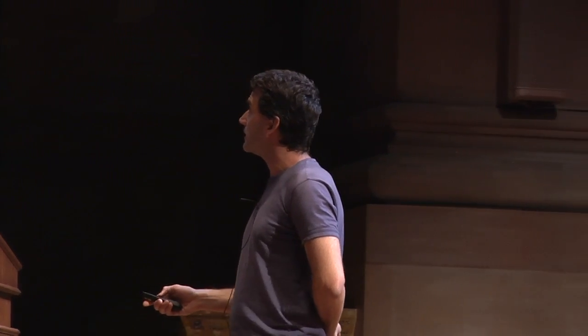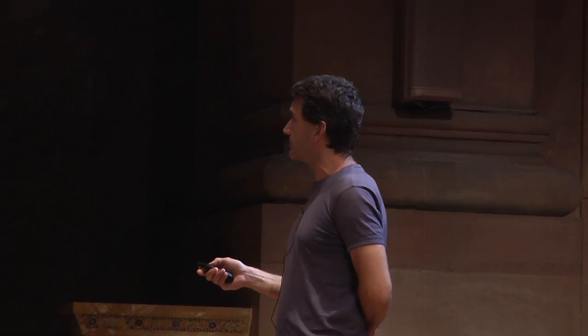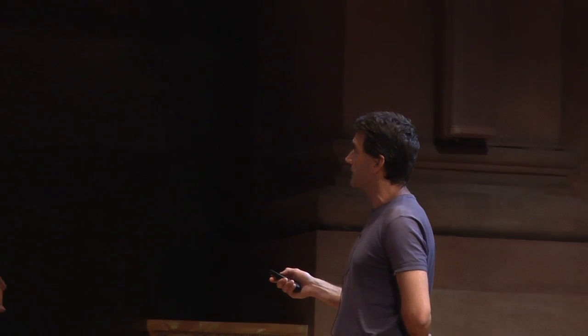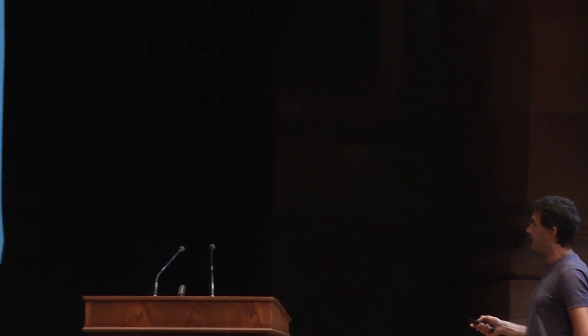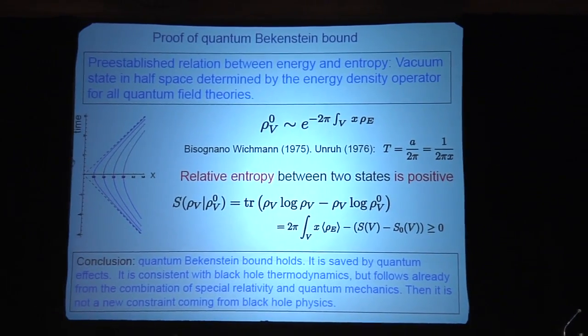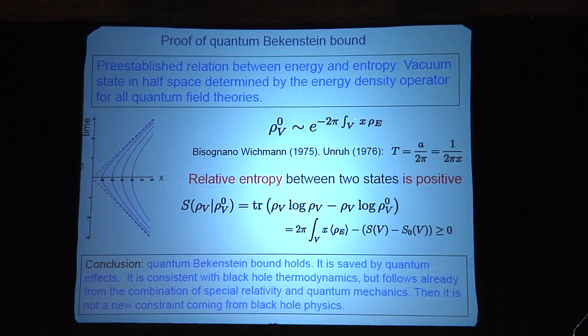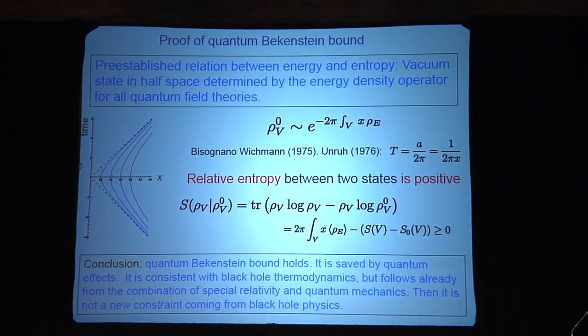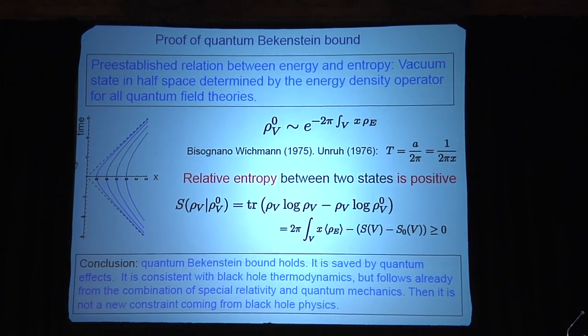And this is already given by this universal result in quantum field theory, that the density matrix in half space is an exponential of this quantity, which is in fact half of the boost generator.